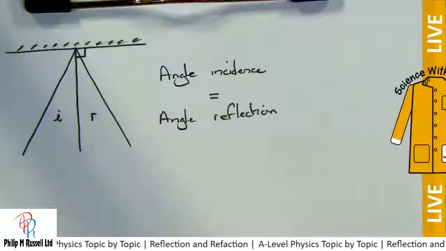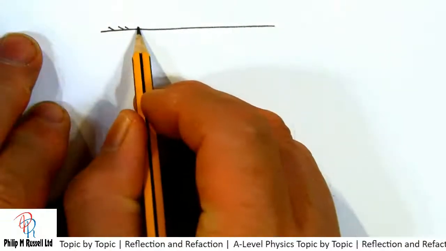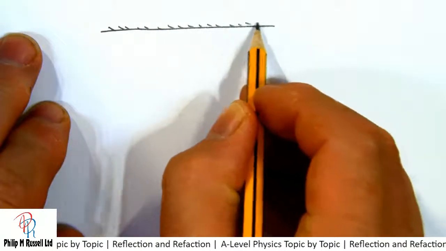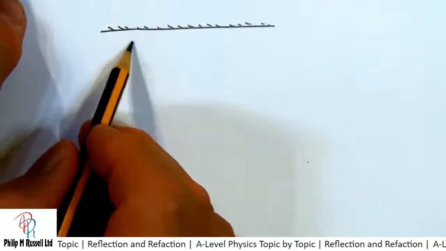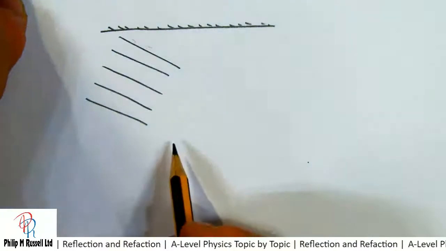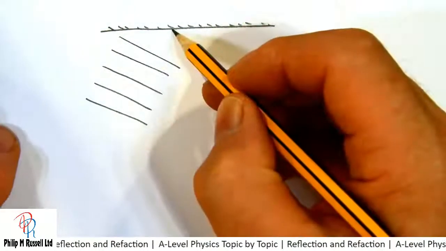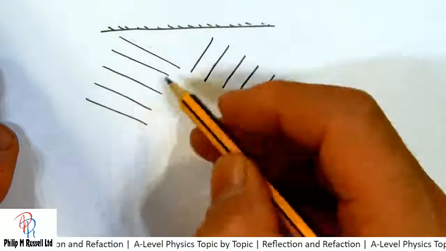You did that at GCSE and you had no problem following and understanding that. It's relatively easy. In our first lecture, we had a look at this with waves. We had this time a metal reflective surface, and rather than a simple wave, we sent in a series of parallel waves, and they hit and came out as a series of parallel waves going the other way.